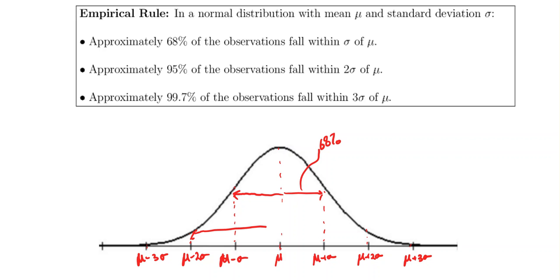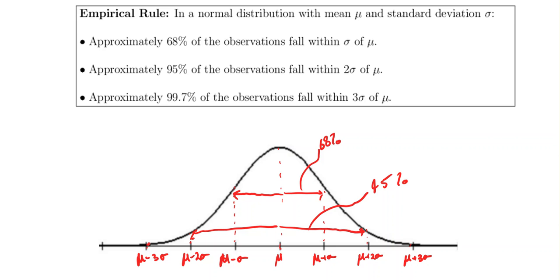Similarly, if I go 2 standard deviations out above or below my mean, then I have 95% of my observations. That makes sense because area under this curve represents percent of observations or probabilities, and we're going to have less area outside in these tails.